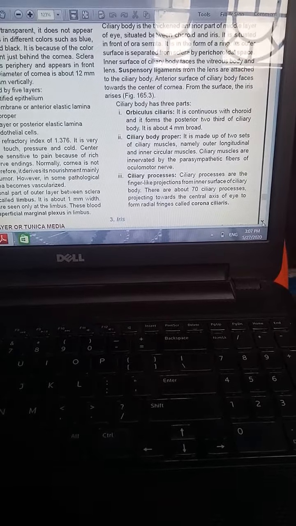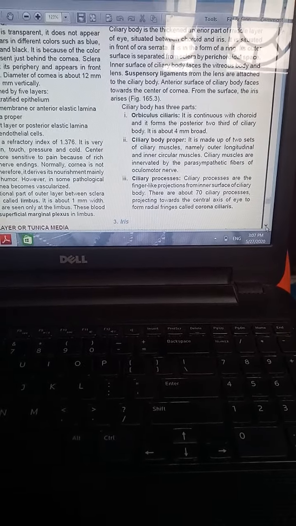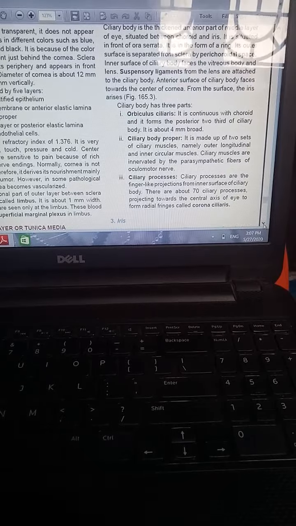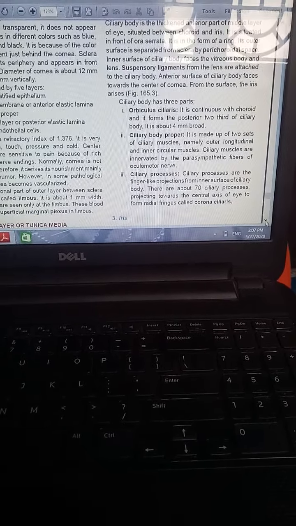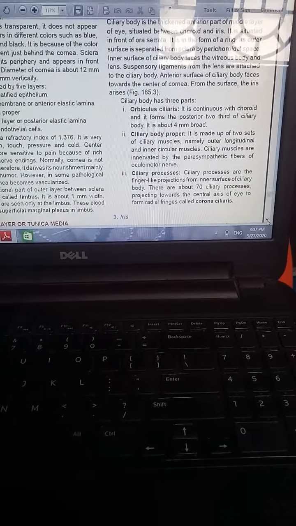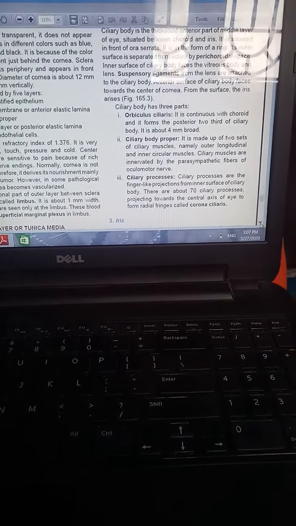Second is the ciliary body proper, which is made up of two sets of ciliary muscles: first the outer longitudinal muscle and second the inner circular muscle.